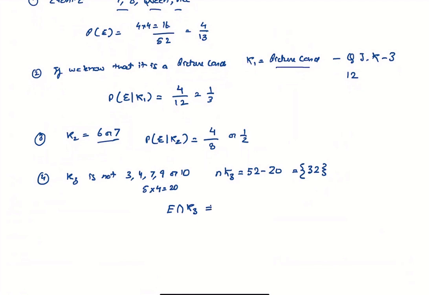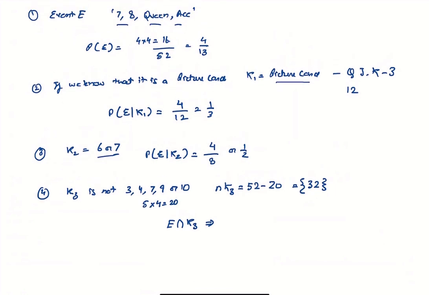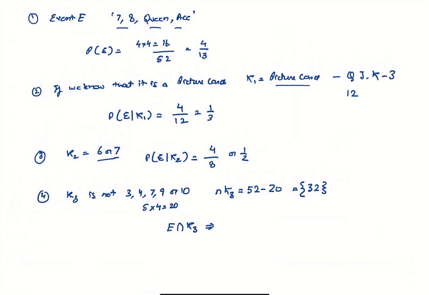is going to be how many ways the event can happen when you don't have these cards. So obviously 7 is not possible, so only 8, queen and ace are possible, out of 4, so that's going to make it 4 times 3, or 12, and the sample space is 32.